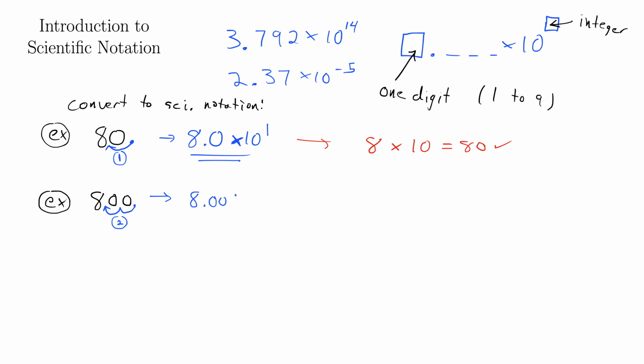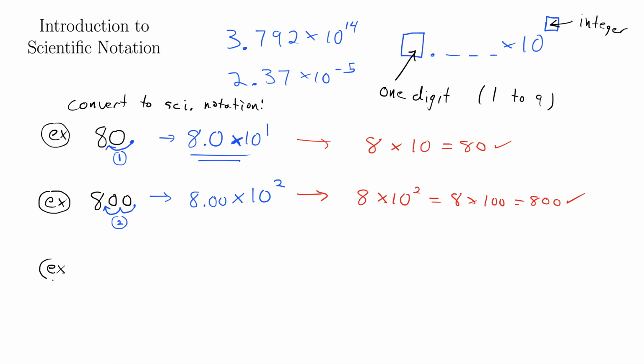In physics, you can write 8.00 as well. Times 10 to the 2, because we moved it 2 places to the left. To check, 8 times 10 to the power of 2 is 8 times 100, which indeed is 800. So that's essentially how it works.